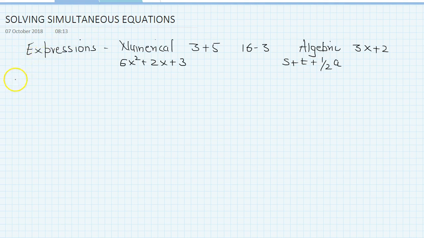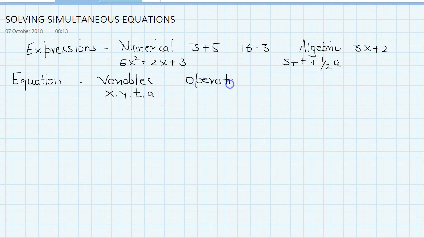Now after expression, we have equations. Equations involve variables: x, y, t, a, unknown numbers; operations. These are mathematical operations: plus, minus, multiply, divide, powers.